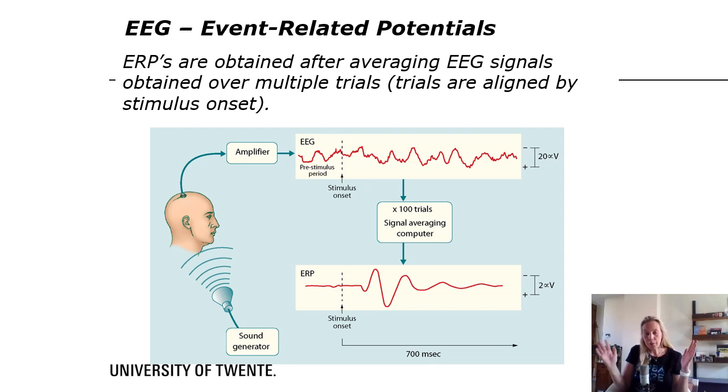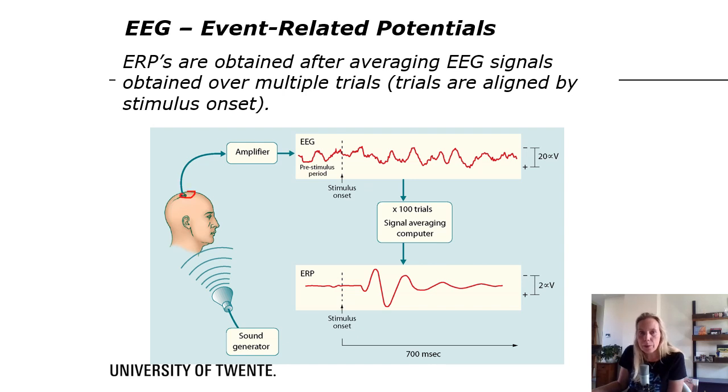Okay, apart from looking at frequencies and amplitudes in the normal ongoing EEG, we can also look at event-related potentials. These are potentials that occur after we've presented an event or a stimulus to a participant. So let's say you have a participant here.